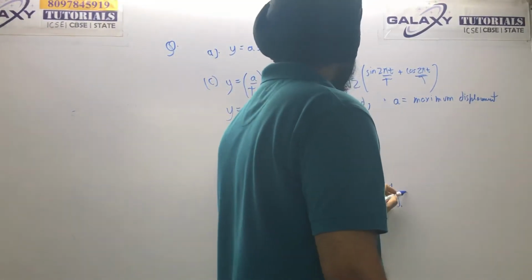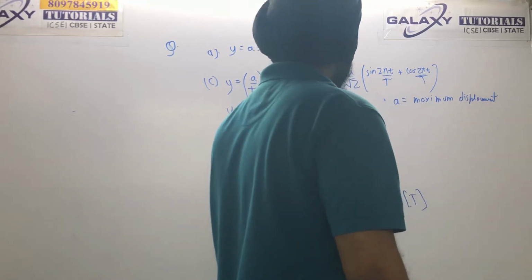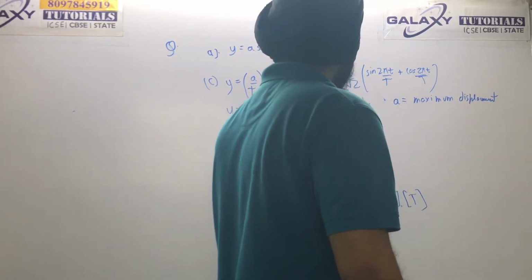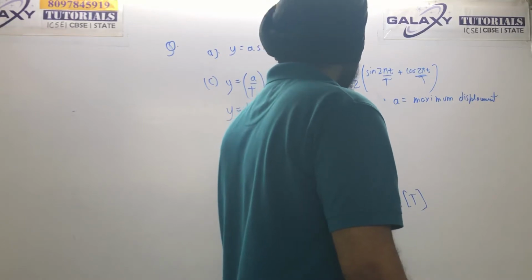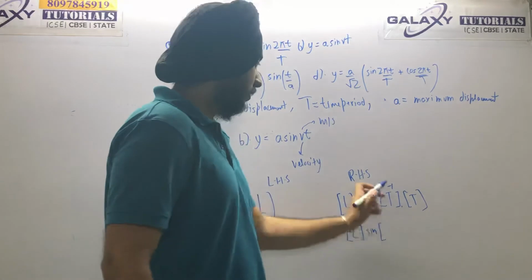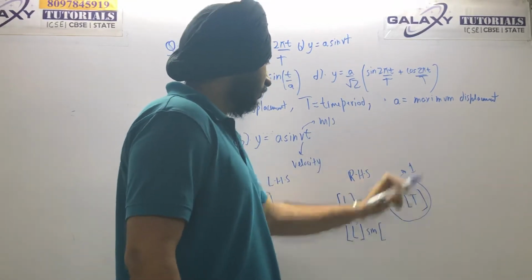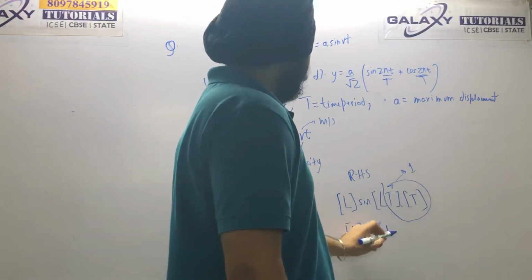So T raised to the power minus 1 into T gives 1. These two give 1, so what will remain is L.